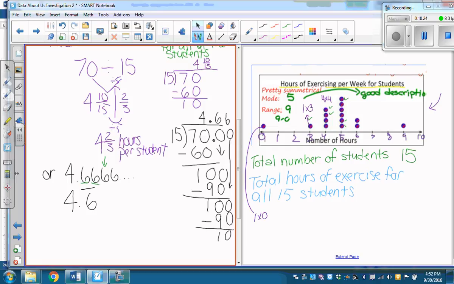If that number is 5 or bigger, you're going to round the number before up. So we're going to say about 4.67 hours per student.